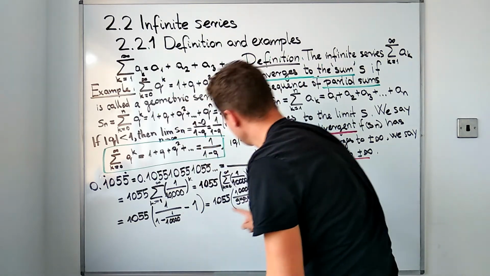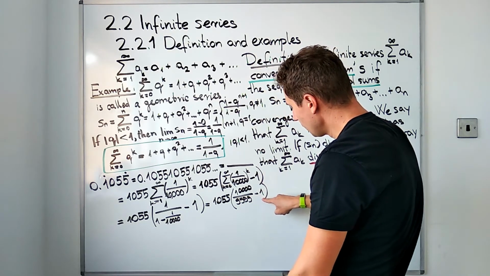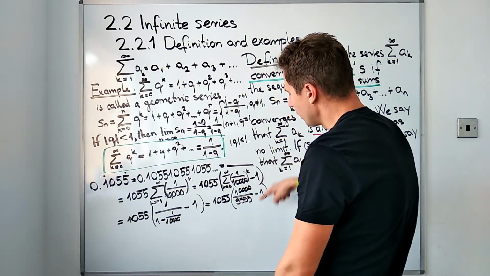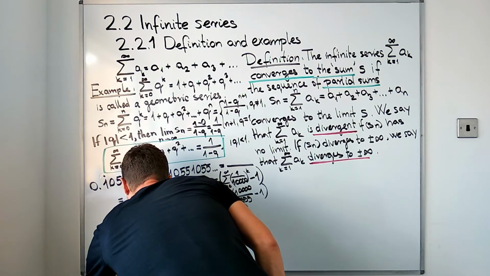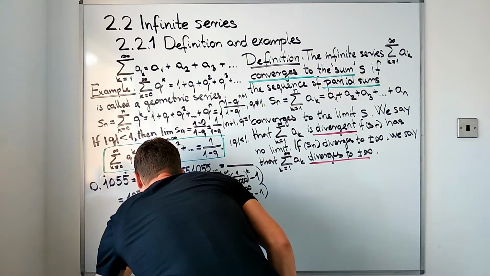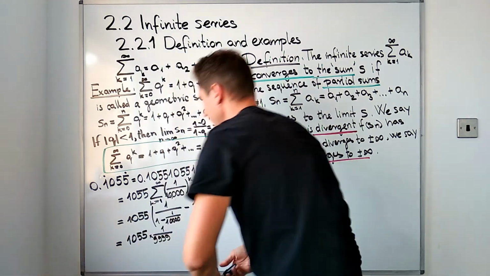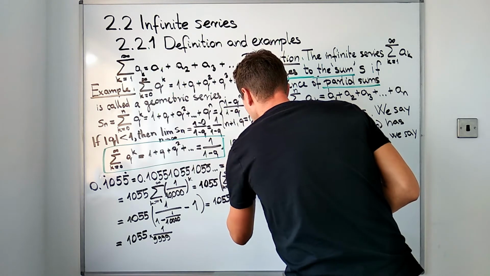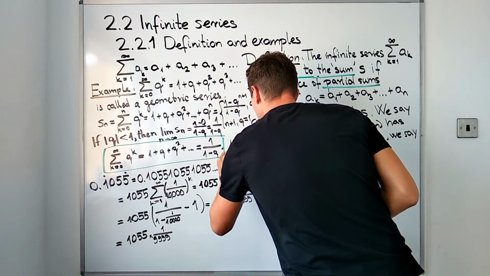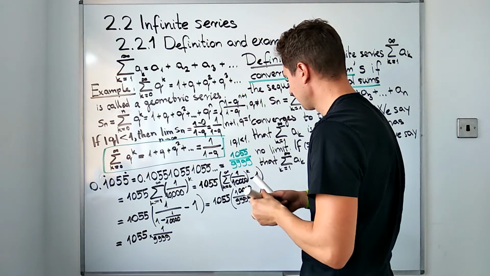This fraction is 10,000 over 9,999 minus 1. So that will give me 1 over 9,999. So that gives me 1055 times 1 over 9,999. Okay, so if you have entered 1055 divided by 9,999, you got it right.